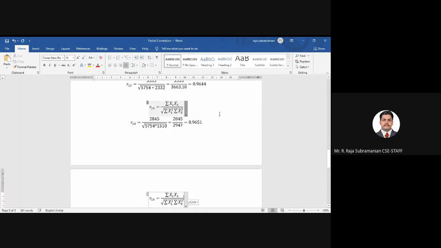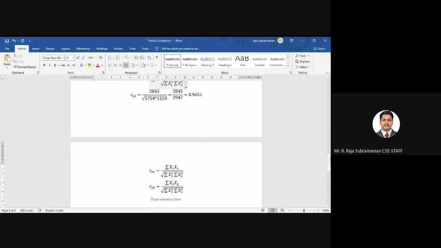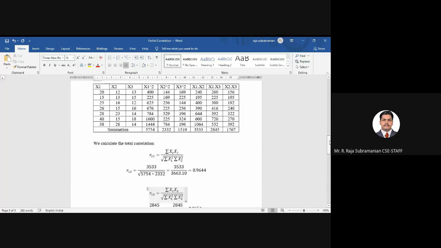The next thing we need to compute is r23, so I need to change it to x2, x3. The formula for r23 is summation x2 x3 divided by the square root of summation x2 squared into summation x3 squared, right? Now what will be the result? What is summation x2 x3 here? 1767.